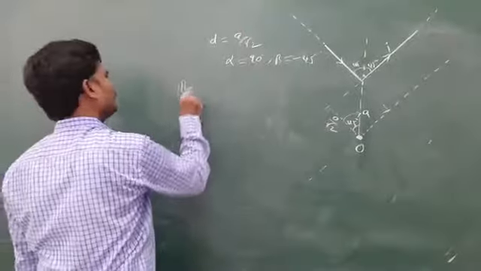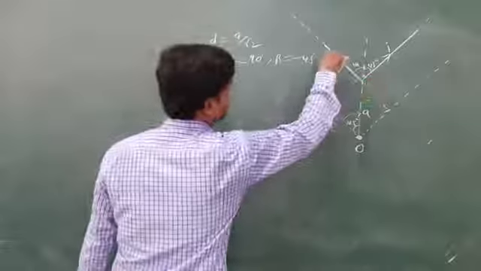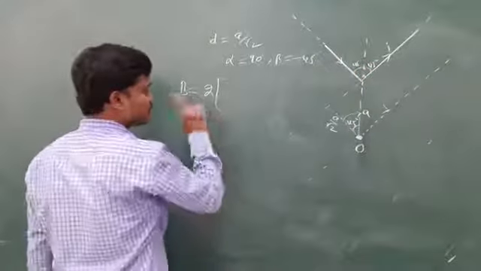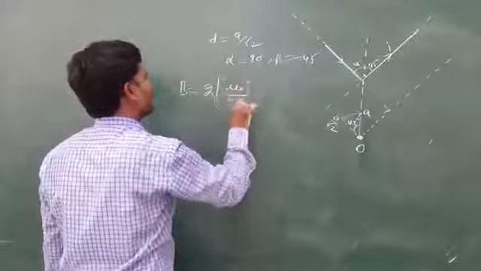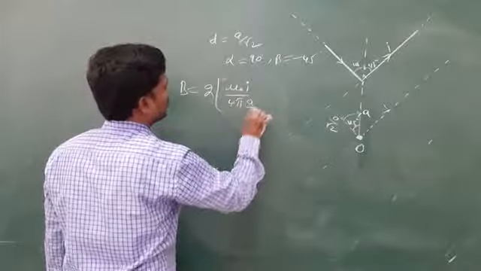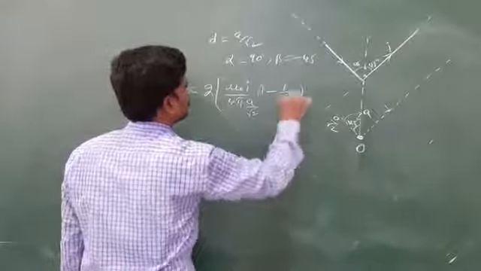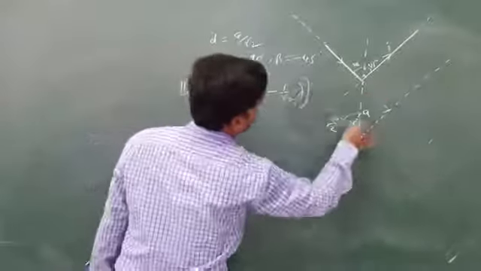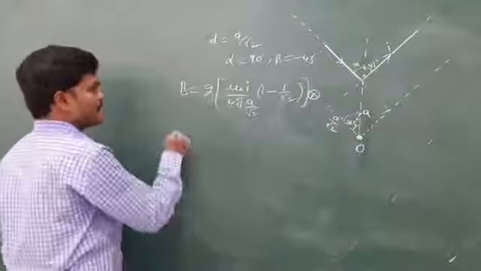Now B due to this system is 2 times, because there are 2 wires, this wire and this wire, at the same distances with the same angles. So I am directly using 2 times mu naught I by 4 pi A by root 2, times sin 90, and this is 1 by root 2. And for this one, the direction is into the board, nothing but minus k cap.